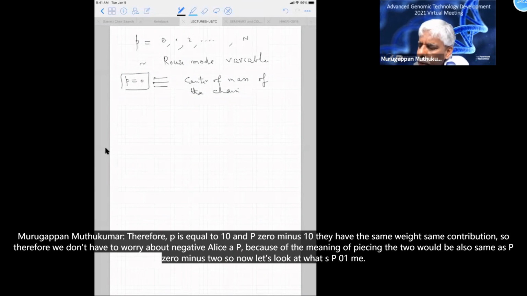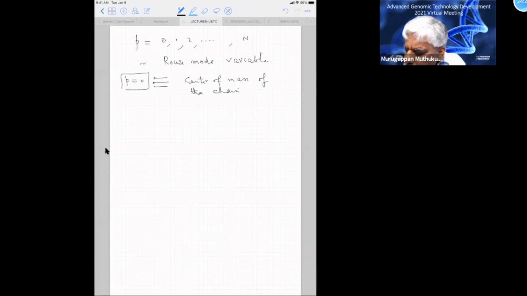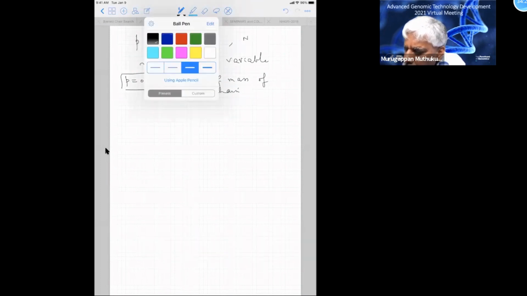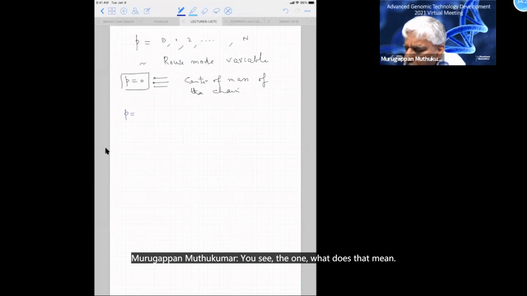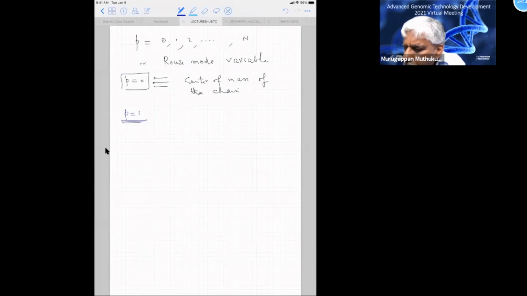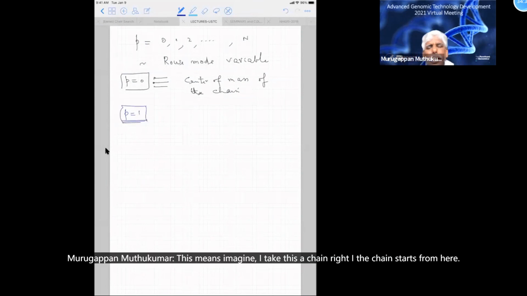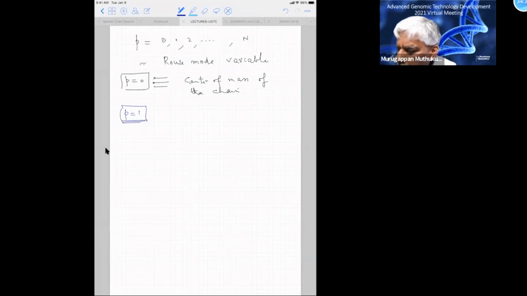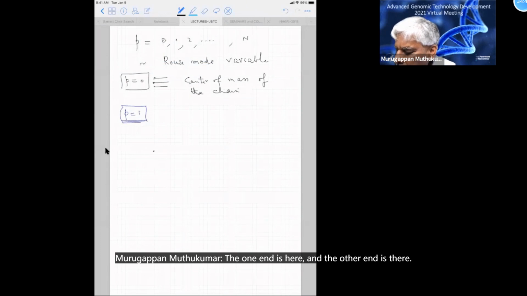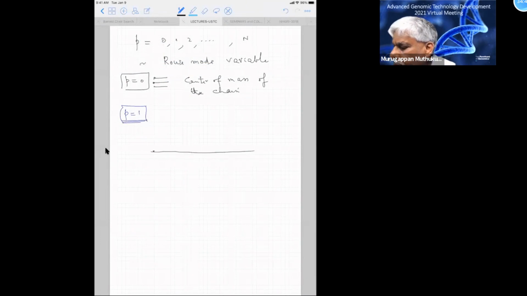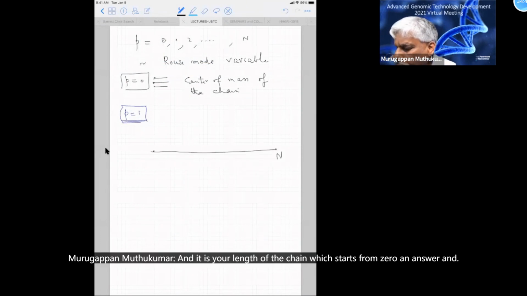So now let's look at what p is equal to 1 means. What does that mean? Imagine I take this chain. The chain starts from here, so one end is here and another end is there. This is the length of the chain.